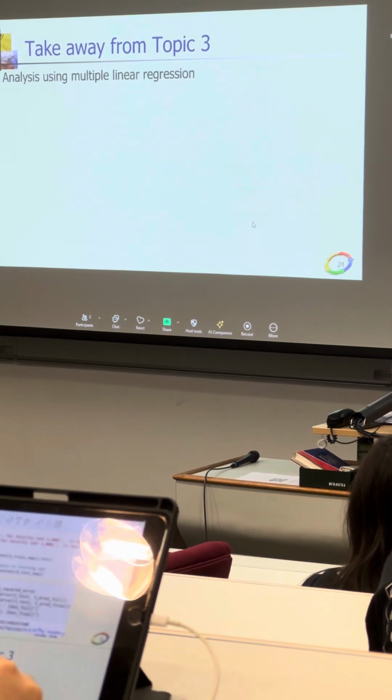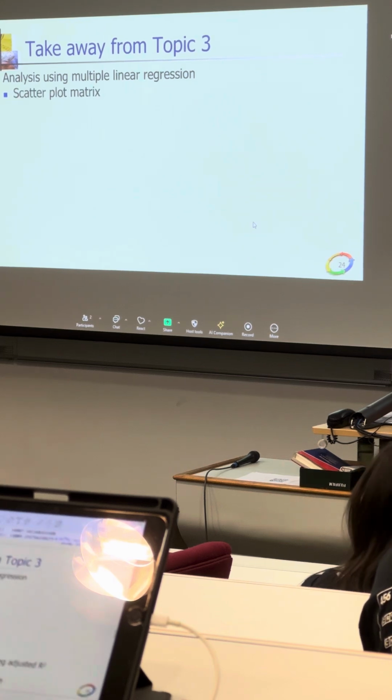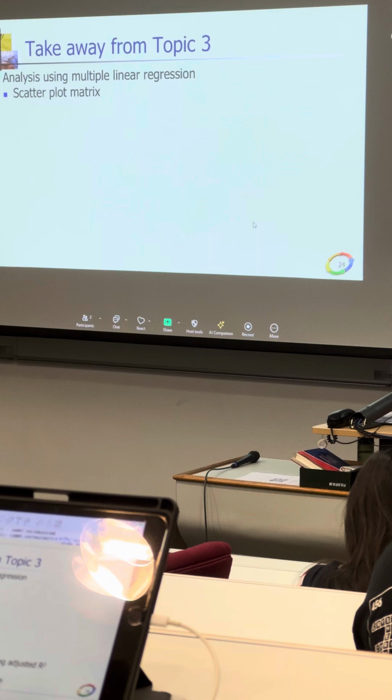We are mainly talking about the procedure for multiple linear regression. So this is a review. At first, we need to plot a scatter-plot matrix among the predictors and the response variable y. You want to find out whether there is a linear relationship between the predictors and y.